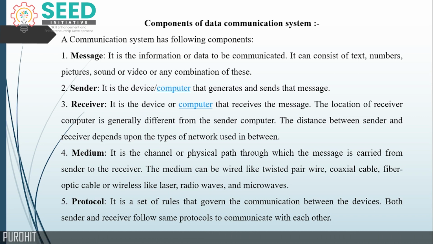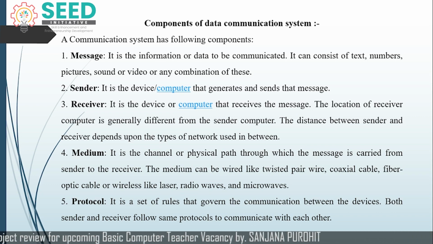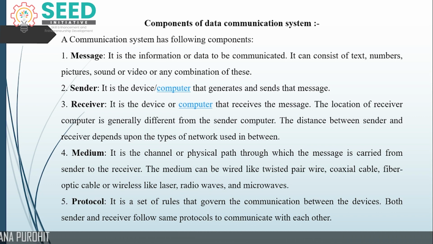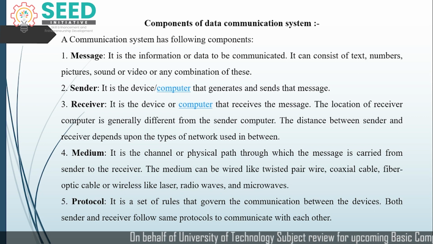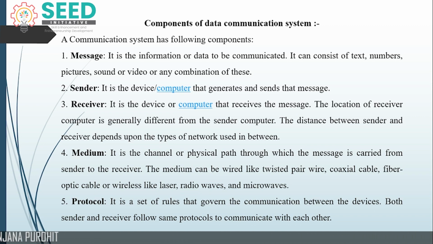First is message. It is the information or data to be communicated, through which we can establish the data communication. It can consist of text, numbers, pictures, sound or video, or any combination of these.